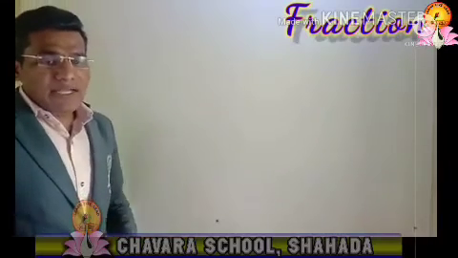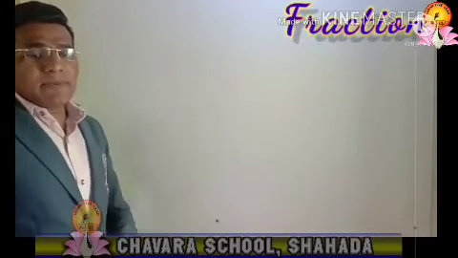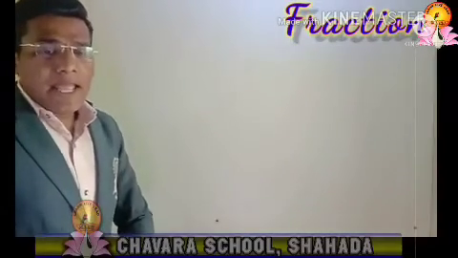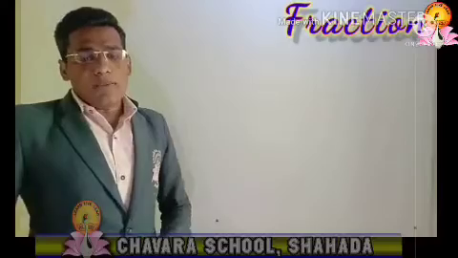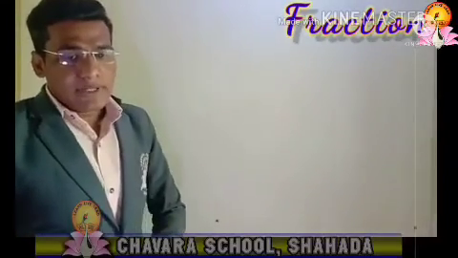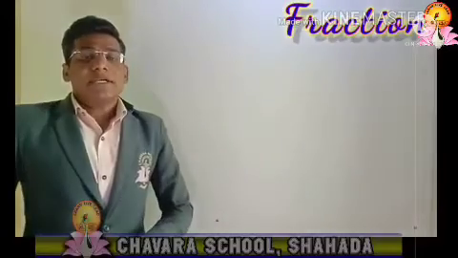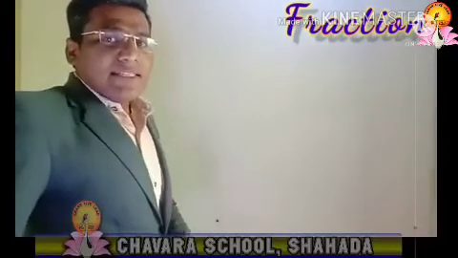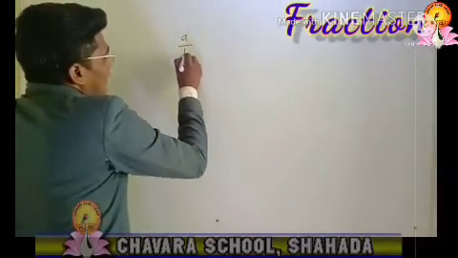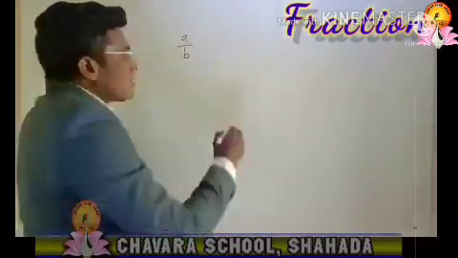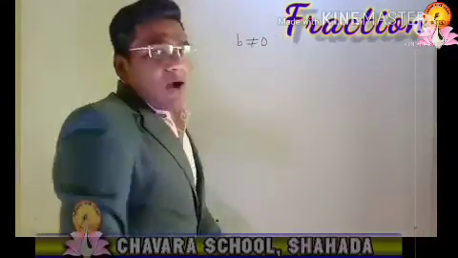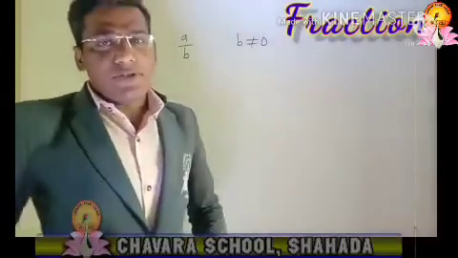Every fraction can be expressed as a divided by b, where a and b are whole numbers and b is not equal to 0. That is, the denominator is not equal to 0. Now, why is b not equal to 0?